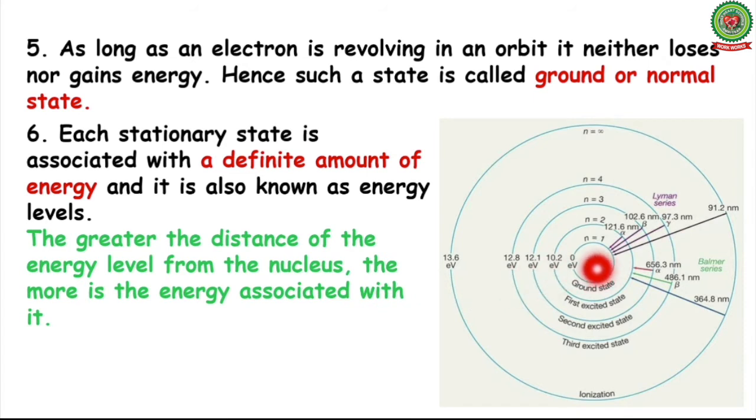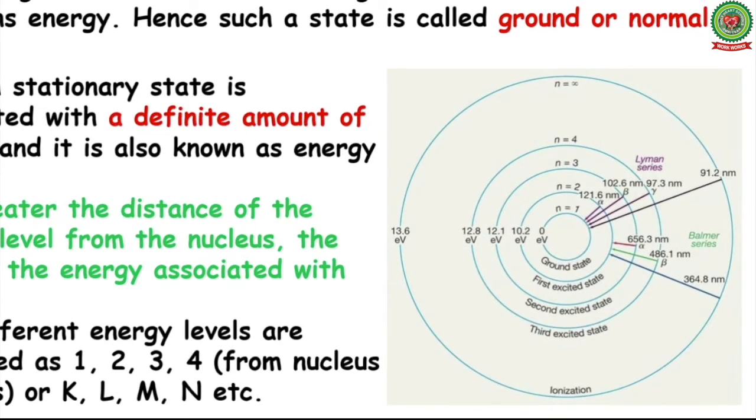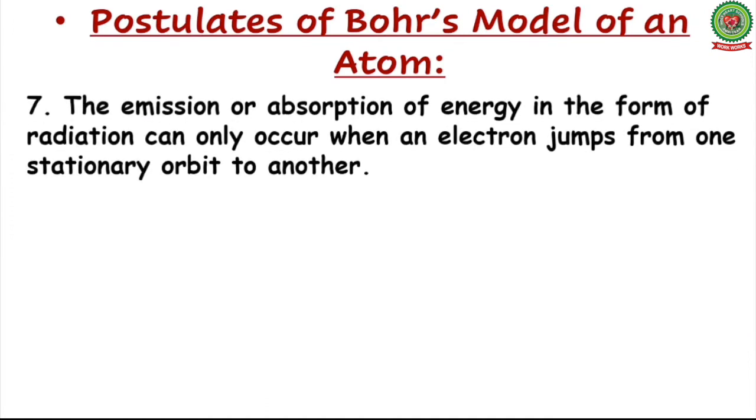So the L shell will have more energy than the K shell because its distance from the nucleus is more. The different energy levels are numbered 1, 2, 3, 4, or designated K, L, M, N.